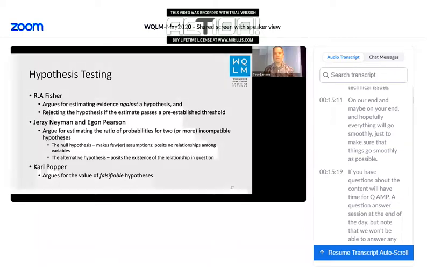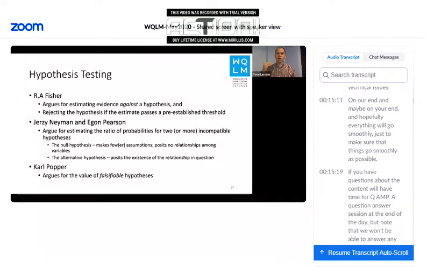But this is what we're testing. And then Karl Popper, really importantly, came along and championed the principle of falsifiability and said that the backbone of the scientific enterprise is falsifiability. In essence, this says that we never prove that something is true.